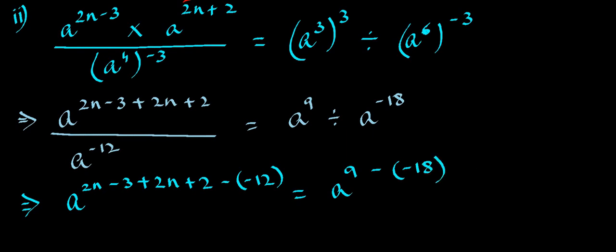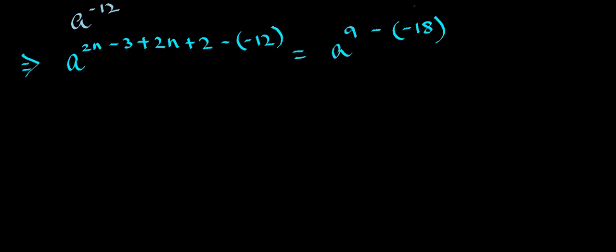What do we get here? This implies that a raised to 2n plus 2n both get cancelled.